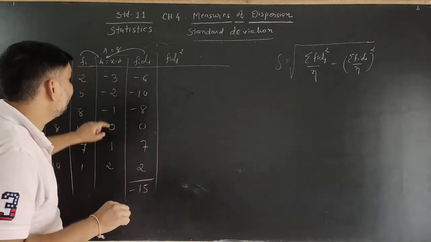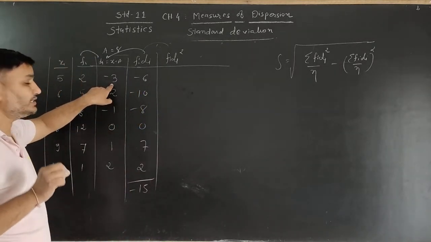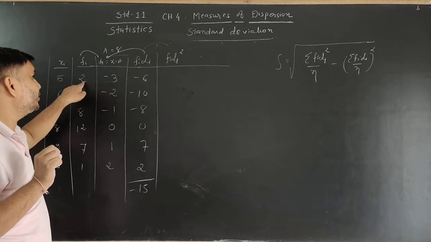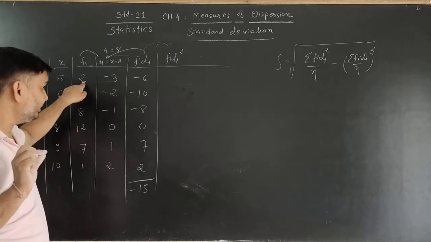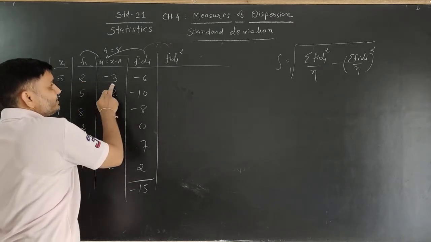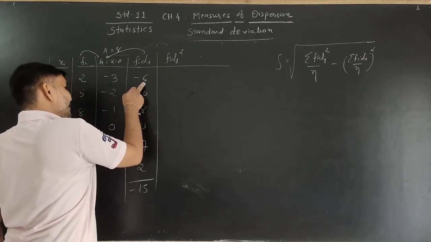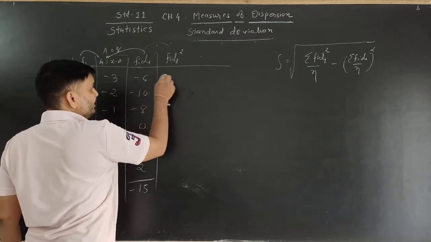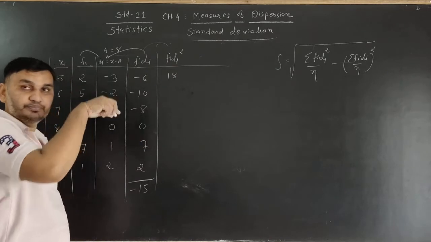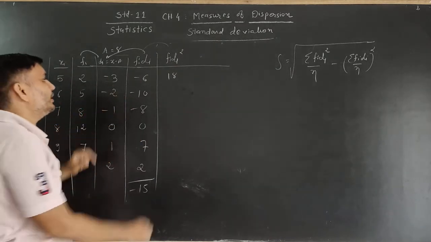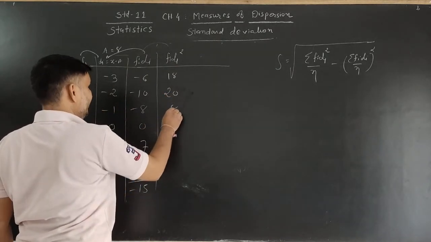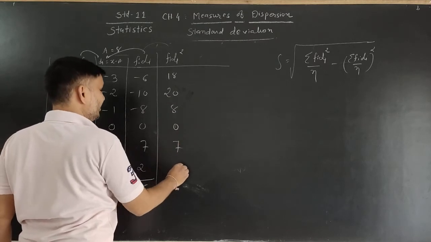Otherwise you have another option: get di square. So minus 3 into minus 3 is 9, 9 into 2 is 18. And then the second thing, minus 2 squared is 4, 4 into 5 is 20. Minus times minus is plus, so both will be the same; the answers will be the same. Then 8 into 1 is 8, then 0, 7 into 1 is 7, 2 squared is 4, 1 into 4 is 4.